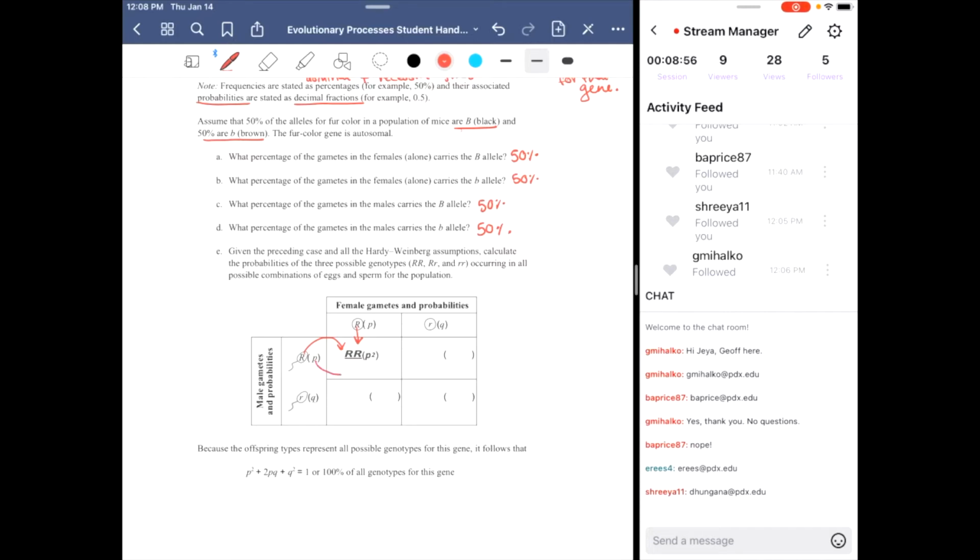And we can also do something similar with the P variable, and that gives us P squared. And if we do that for this one, it would be big R, little r, and this would be P and Q. Does anyone want to tell me what the gamete for this box would be?